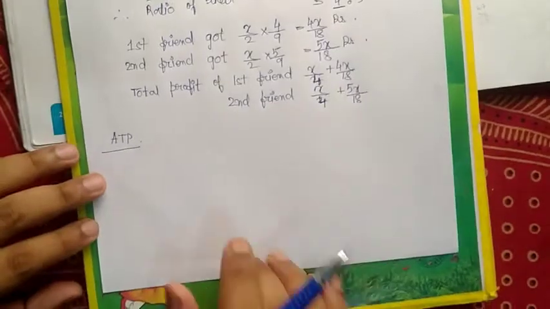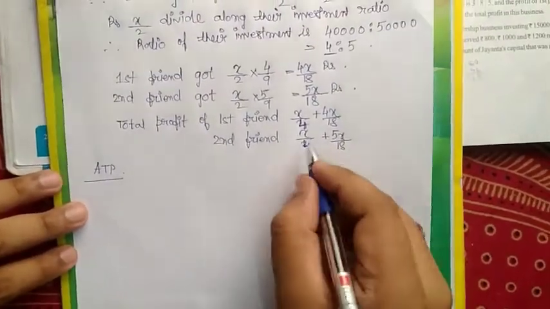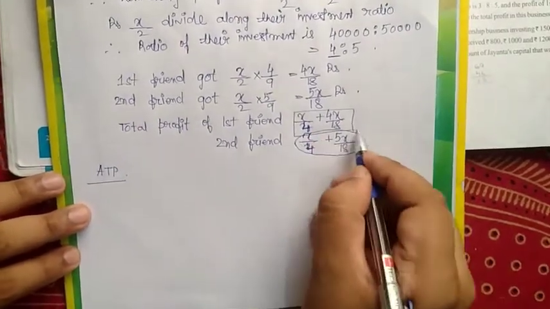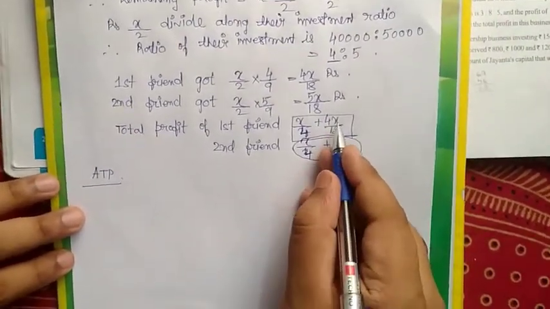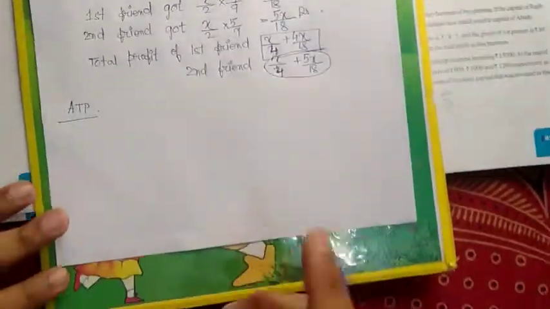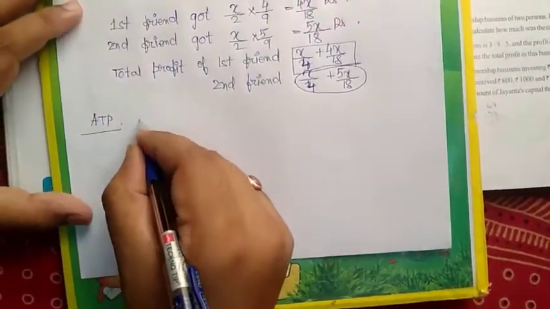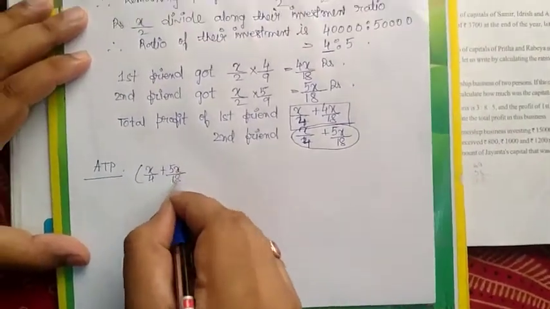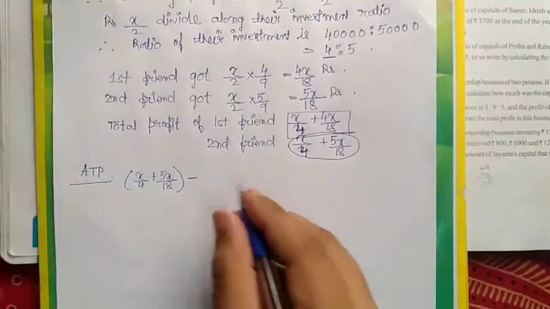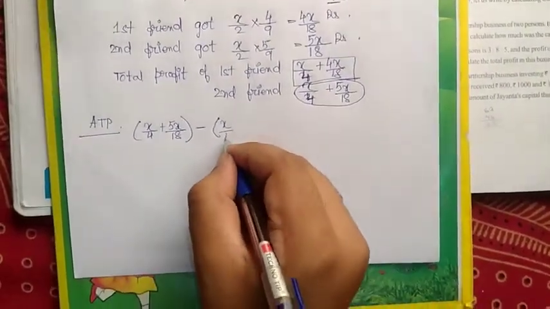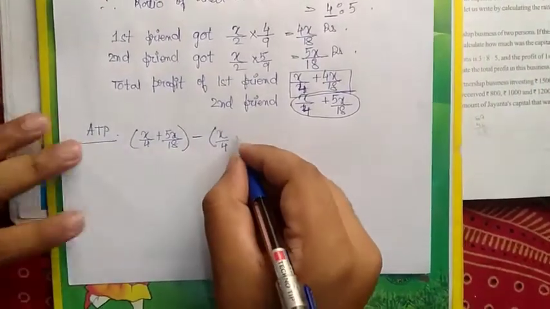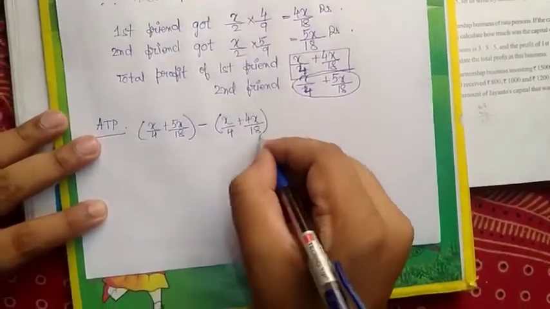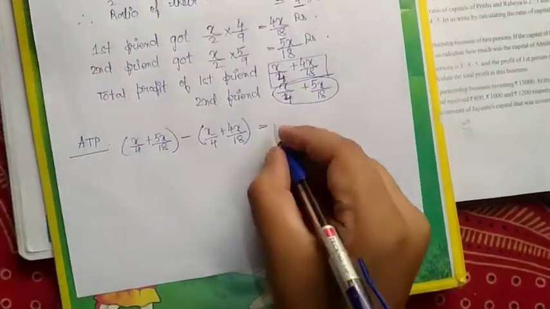So the second friend got this one and the first friend got this one. So second friend minus first friend equal to 800. So according to the problem, x by 4 plus 5x by 18 minus (x by 4 plus 4x by 18) equal to 800.